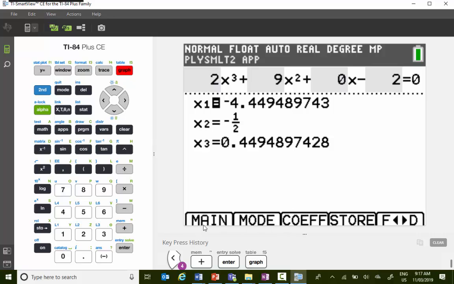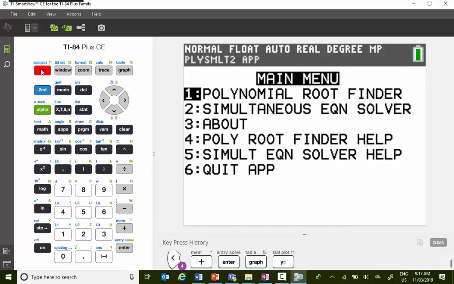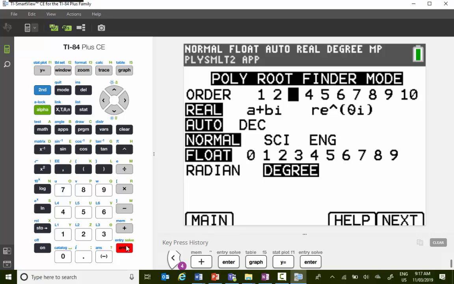Now, if I go back to my main menu, which is that one there, and I come to my Polysim again, it's not going to give me the square roots. That's not what it's going to do, but it's going to give me an answer.